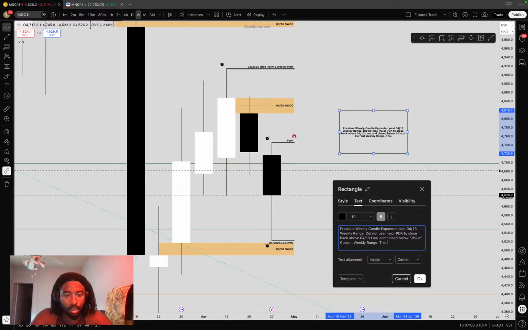This is likely to still be consolidation.